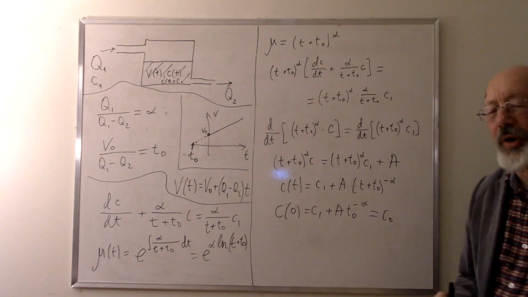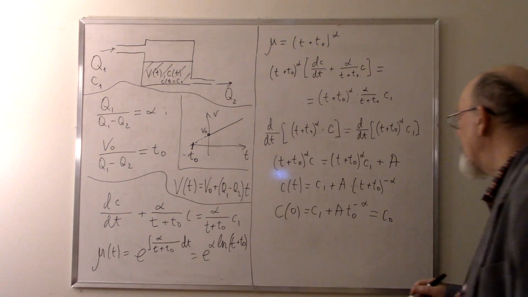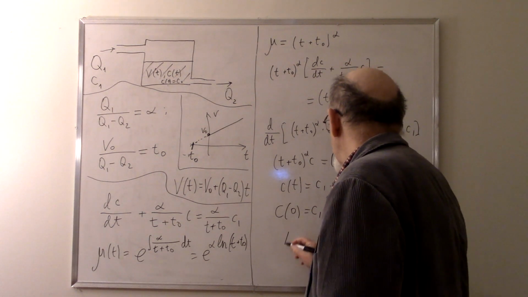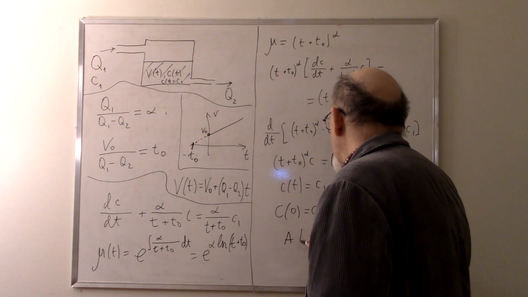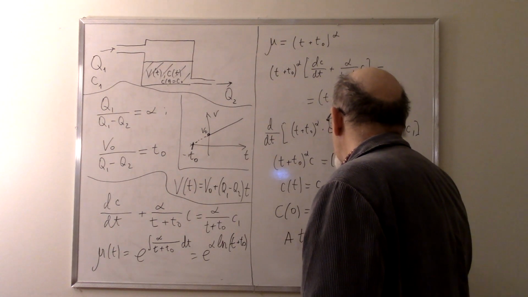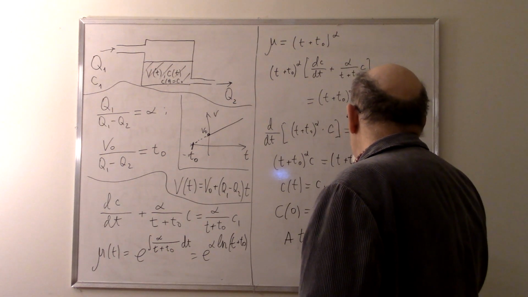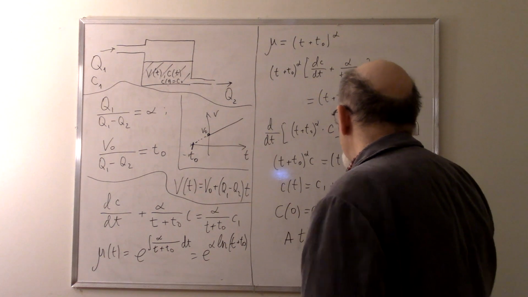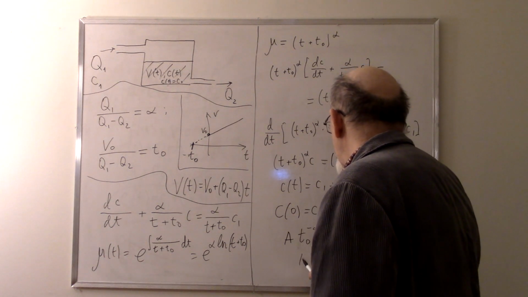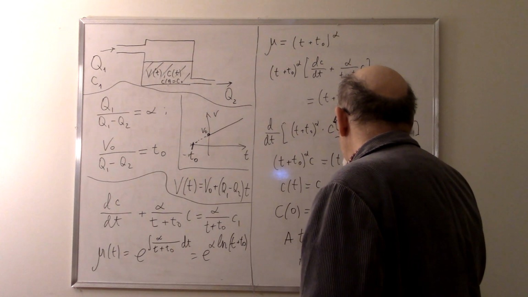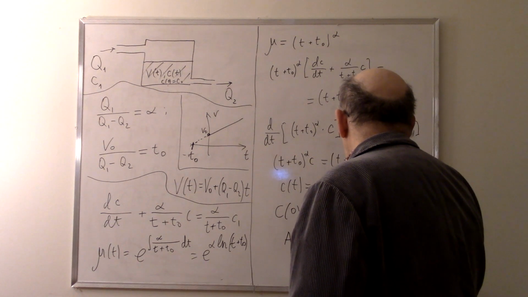It is the initial concentration. So A times t0 to the power minus alpha equals c0 minus c1, so A equals t0 to the power alpha times (c0 minus c1).